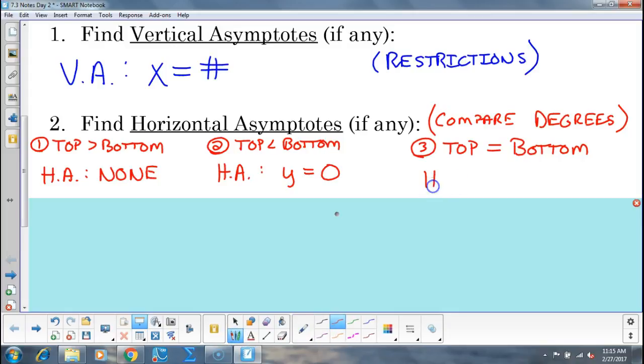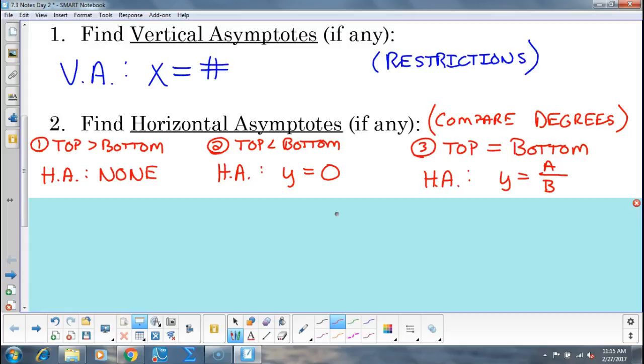And if that's the case, then my horizontal asymptote is y equals a over b. And I get a and b from the coefficients of the degree term.